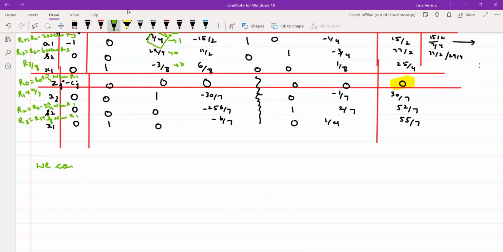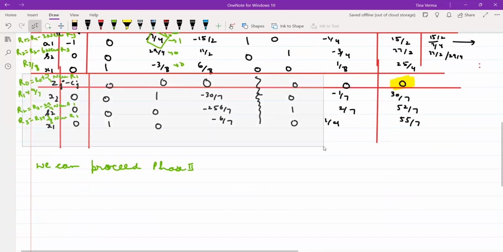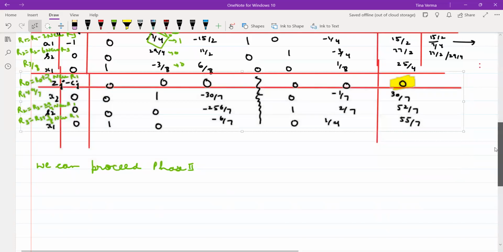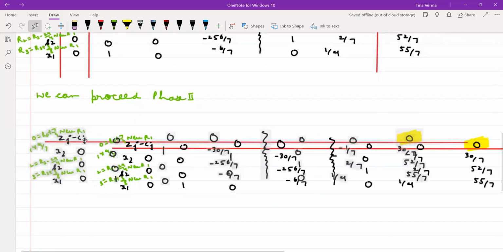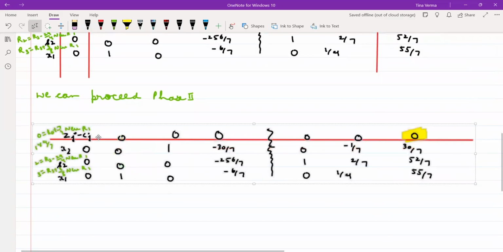to phase 2, right? Now when we have to proceed to phase 2, you can consider the last table as it is, which you have obtained like this. This is your last table which you got. Now this was your last table that we got, right?